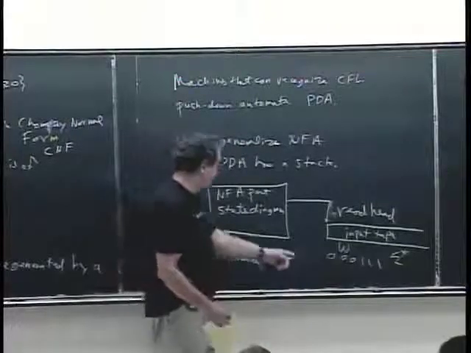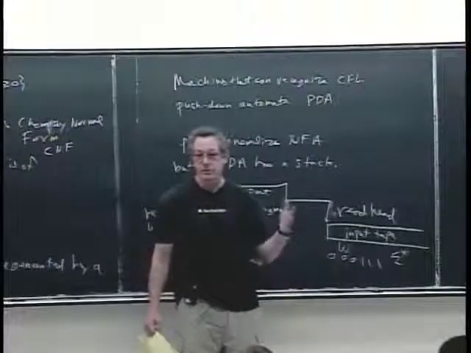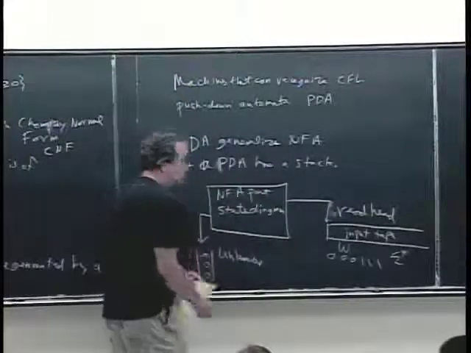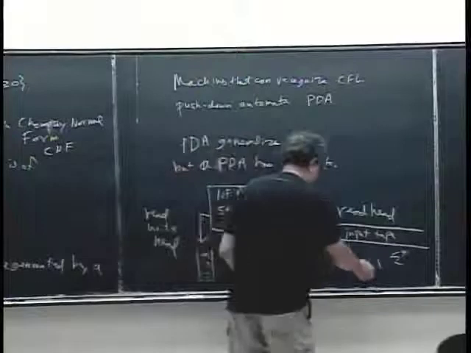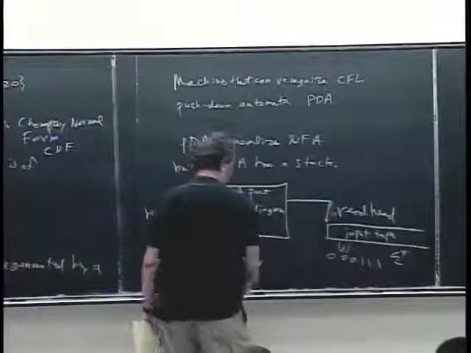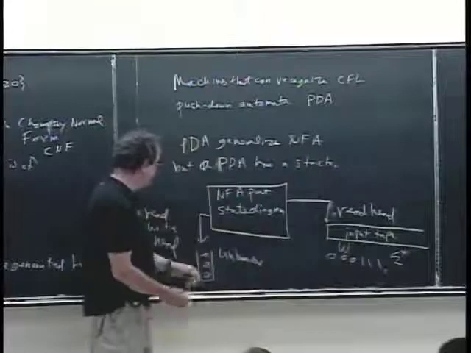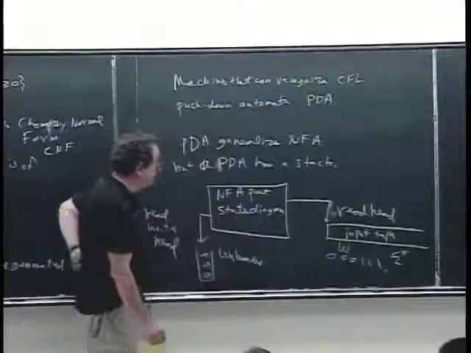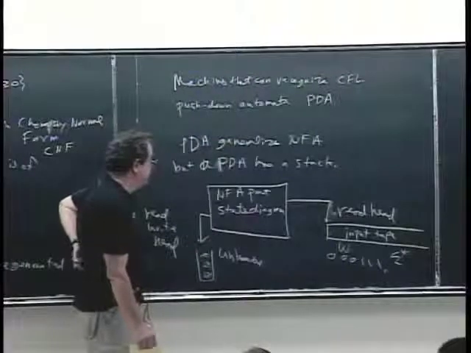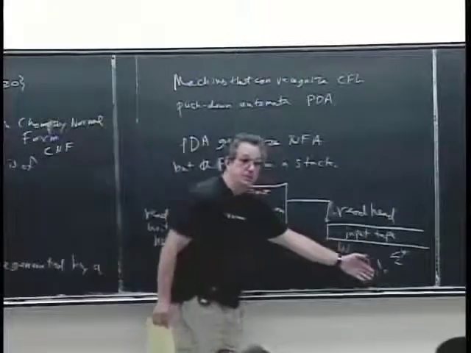Okay, and then if it hits a 1, it goes into another state which says, now I'm reading 1s, and every time it reads a 1, it pops the stack. It pops every time it reads a 1, and when it gets to the end of the input, again, in a normal DFA, if you're in an accept state and you have consumed the input, then you accept.